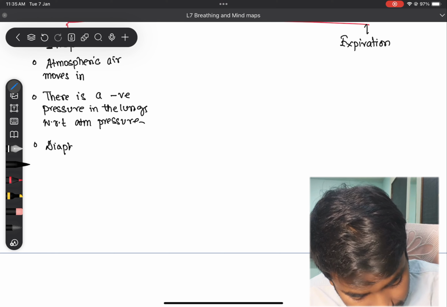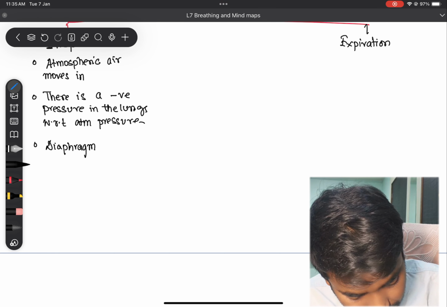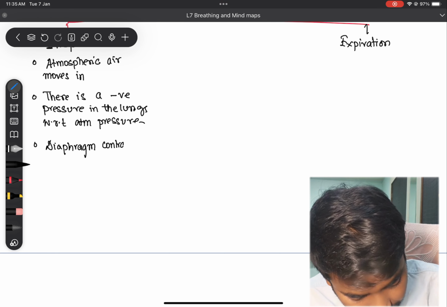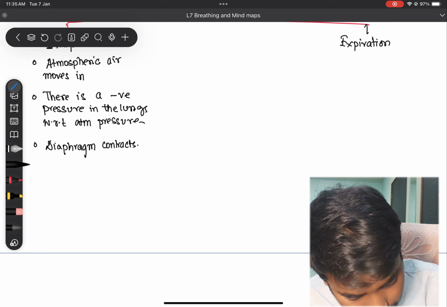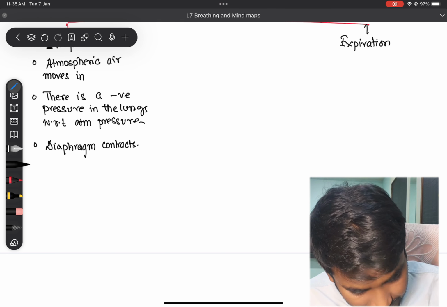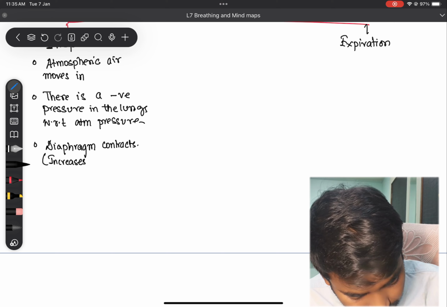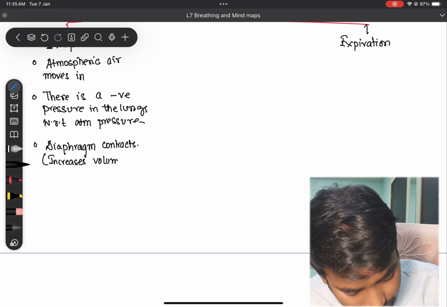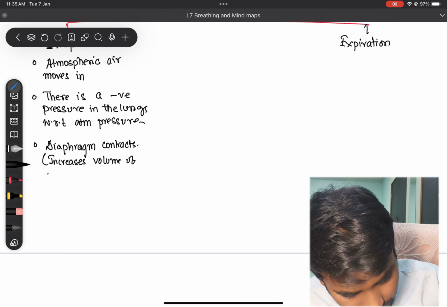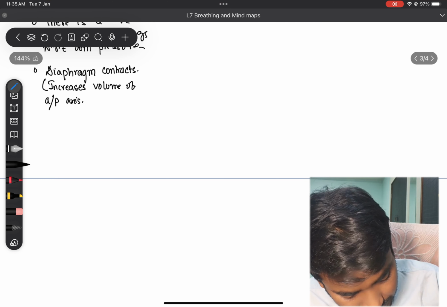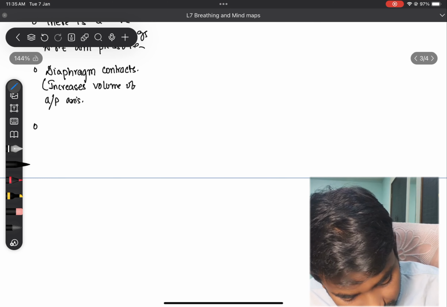Diaphragm contracts. It increases the volume of the anterior and posterior axis, the AP axis.